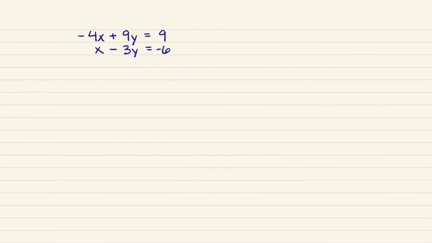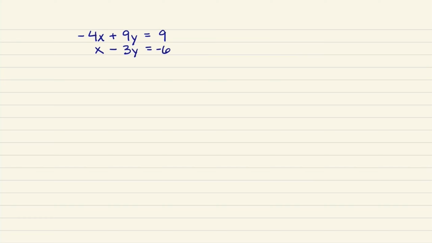So in this example, if we look at the x values, we have a coefficient of negative 4 and a coefficient of 1. So those aren't the same, which means we can't immediately cancel those out. The y values have a positive 9 and a negative 3. Those also aren't the same, so we can't immediately cancel those out. In this situation, it means we have to multiply one or both of the equations by something.